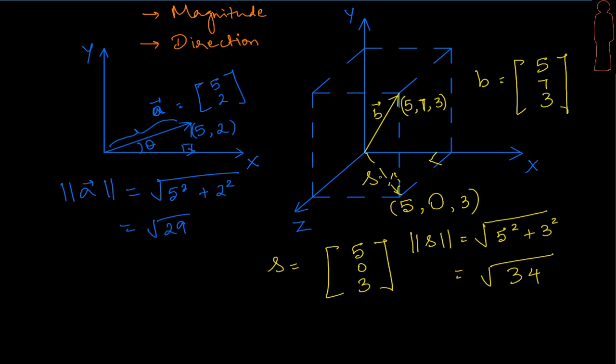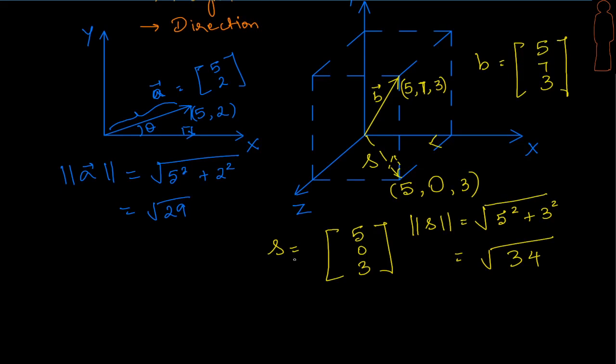Now we have S on one side, we have the magnitude of it. On the other hand, we have this 7 units, and therefore now we can use the same Pythagoras theorem and calculate B now. Therefore, let's try and calculate the magnitude of B vector.